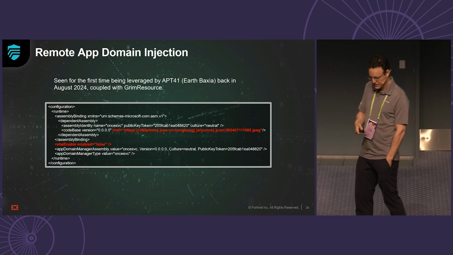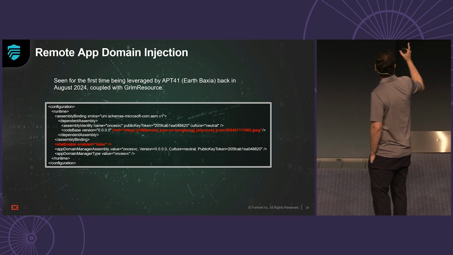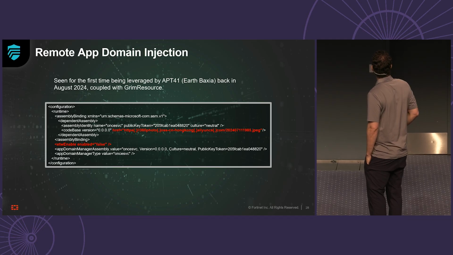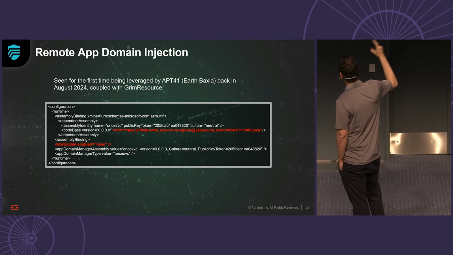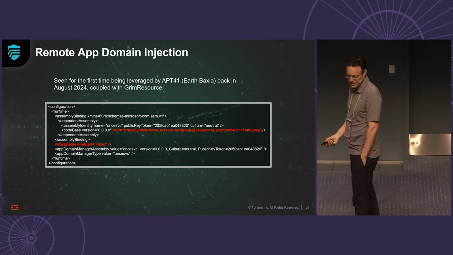And in this campaign, we saw that they were trying to load something from an HTTPS URL, and it looks like a JPEG, but it's a DLL.